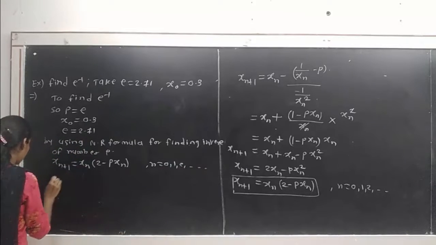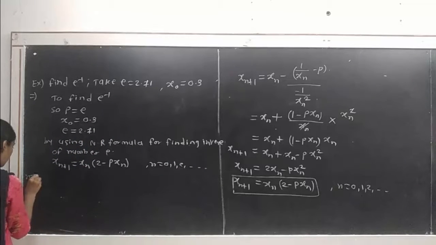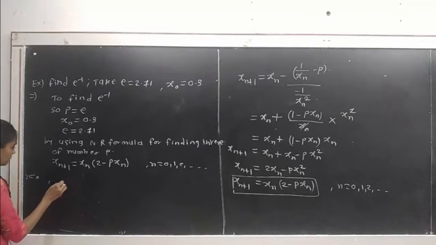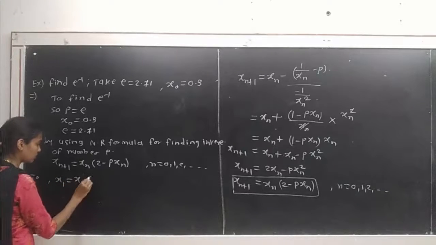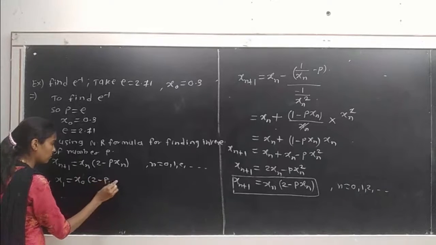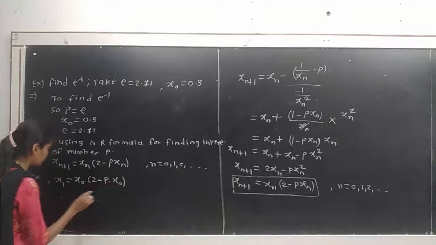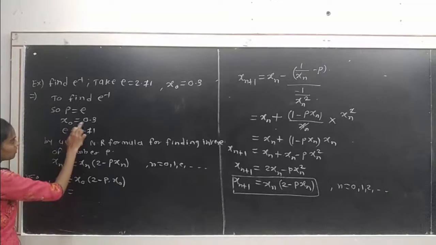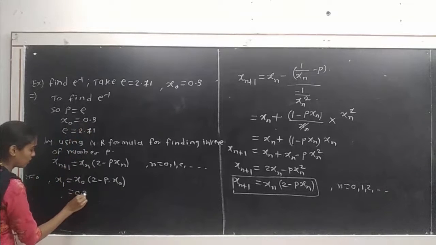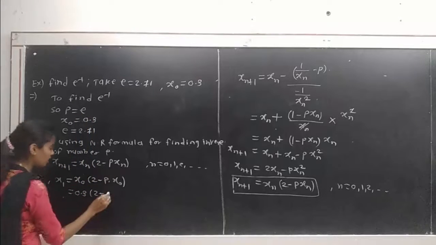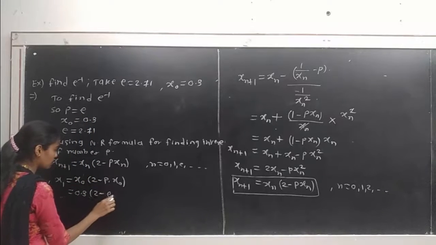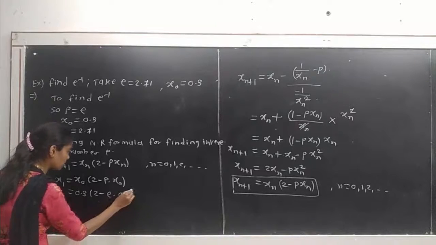Then for n is equal to 0, the formula becomes x1 is equal to x0 in bracket 2 minus p into x0, which is equal to, x0 will be 0.3 in bracket 2 minus p, that is number e, into 0.3.